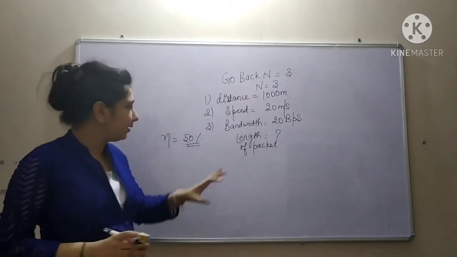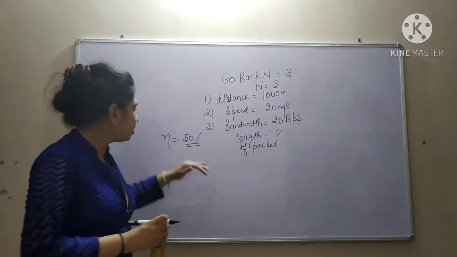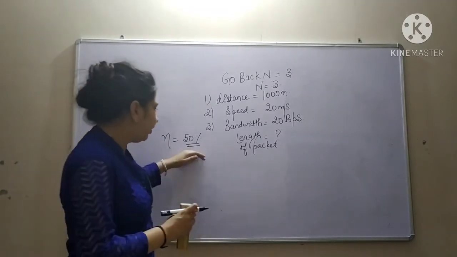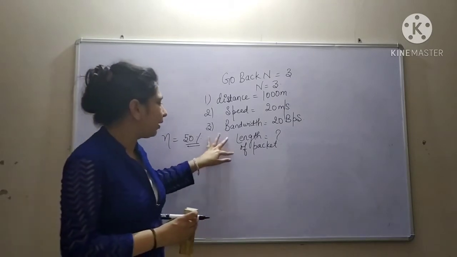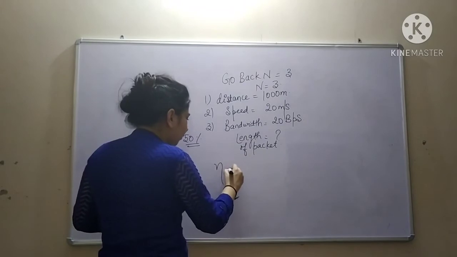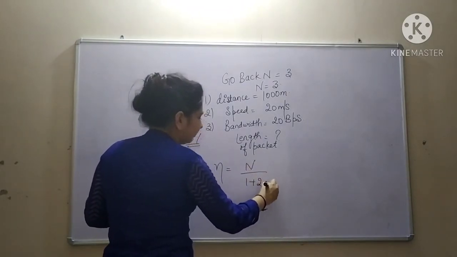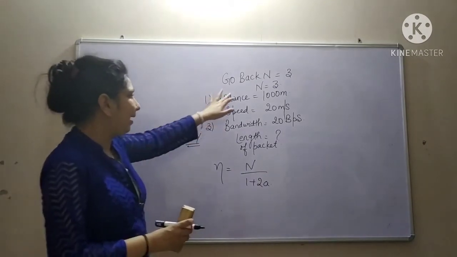Okay, so this is the question, and we want link utilization or efficiency of 50%. We have to calculate the length of the packet. So what is the formula for efficiency? N upon 1 plus 2a in case of go back n.